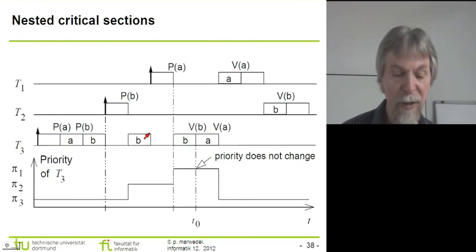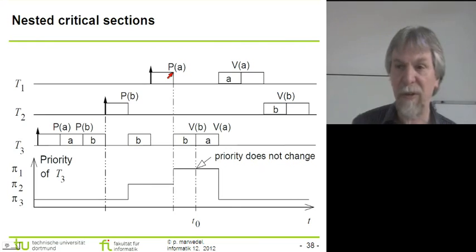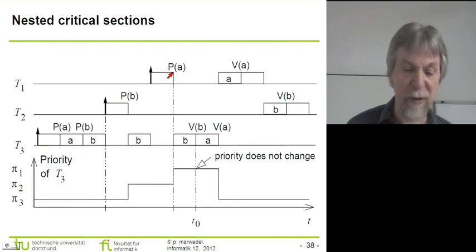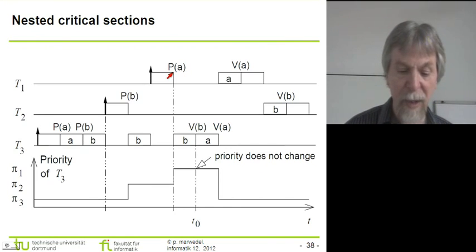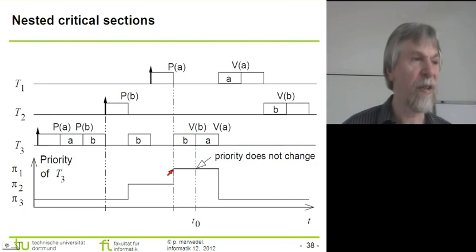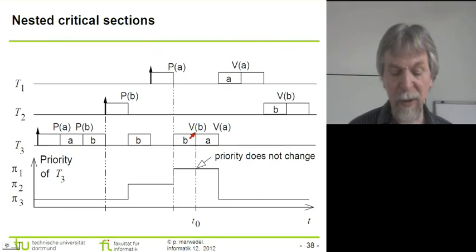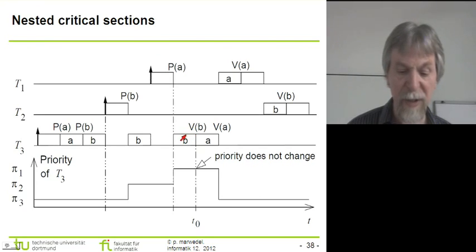We are executing that task, and now we assume that T1 is becoming available. We are executing T1 because of its higher priority, but now T1 is also requesting access to that resource protected by A, which means that at this time we are resuming the execution of T3, but now T3 is inheriting the priority of task T1. Now we are executing this task T3 there.